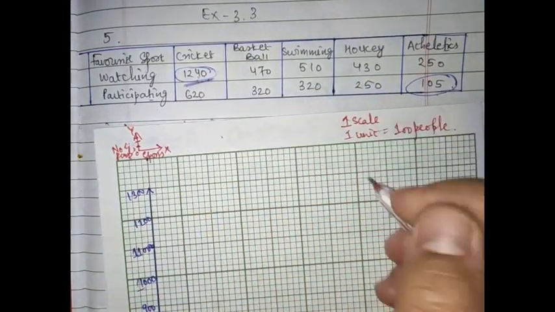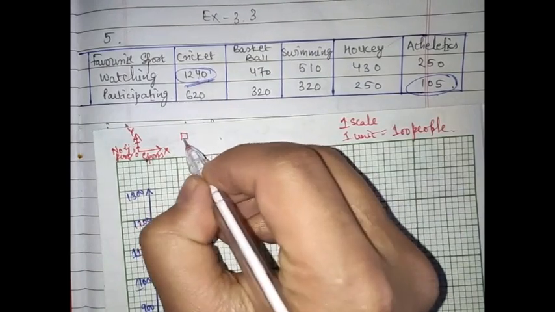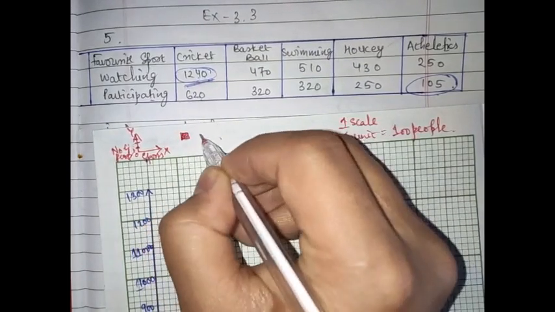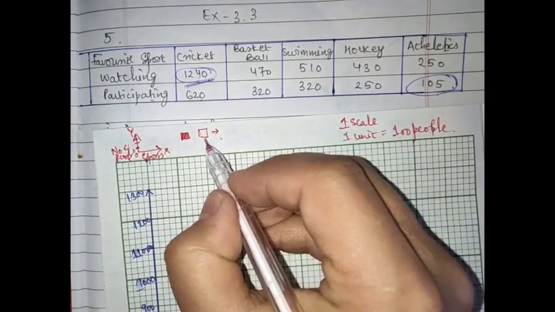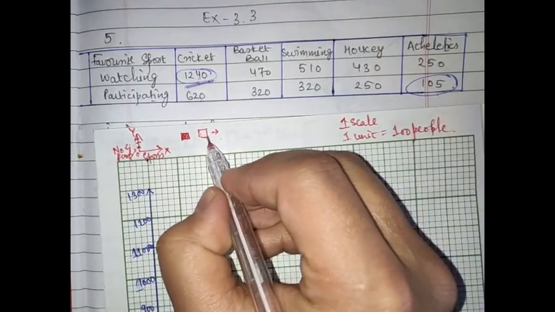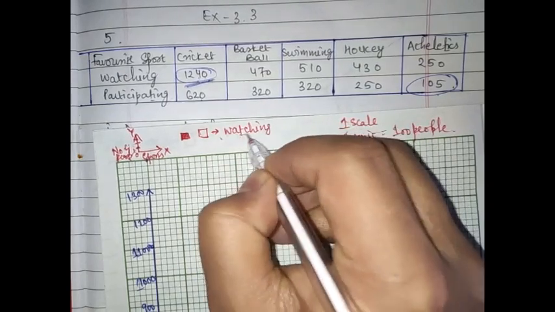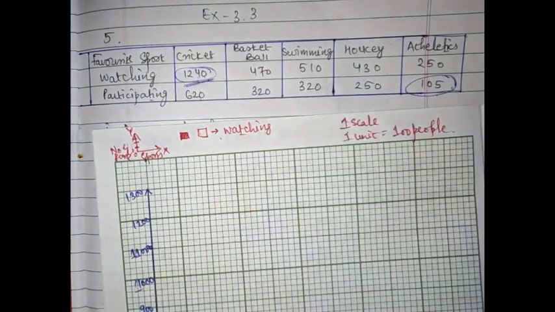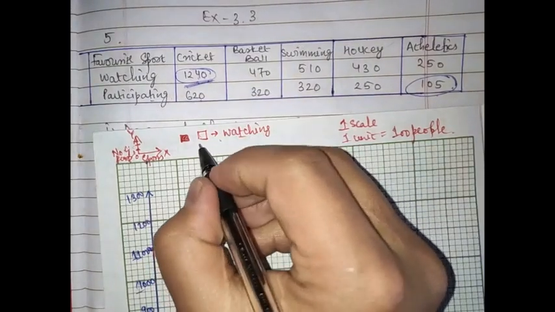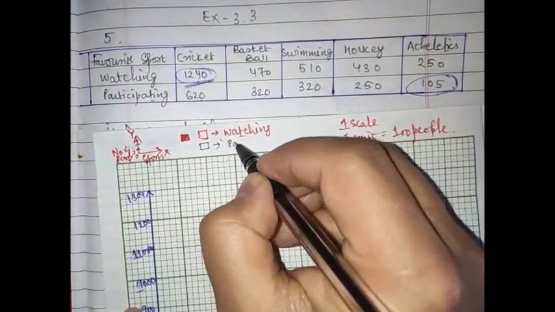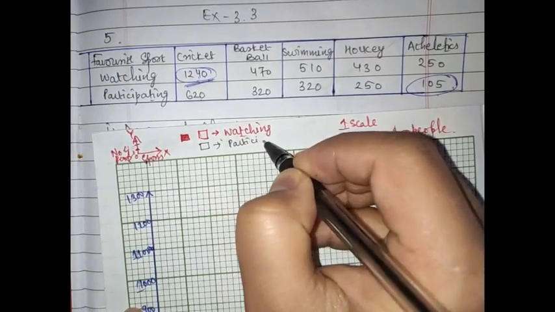Let me make it out here. Let's not make this because it will be more hectic. The one which is represented by the red will be representing the person who is watching the cricket or any other game, and if I make with the black, then that will represent the person who is actually participating in the sports.